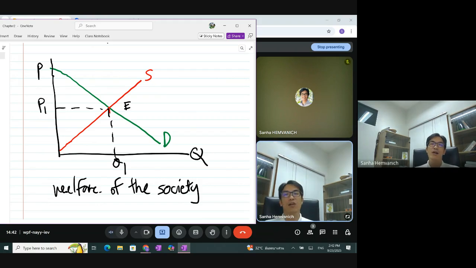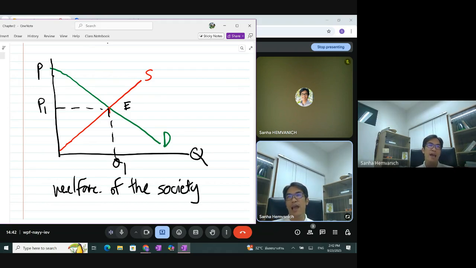And what is the cost to the society? Obviously, you have to use raw material in order to produce a good, right? So that is a cost. You have to hire people, you have to buy stuff in order to produce a good. So supply will be seen from the government point of view as a cost, and the good produced will be seen as a benefit to the society.